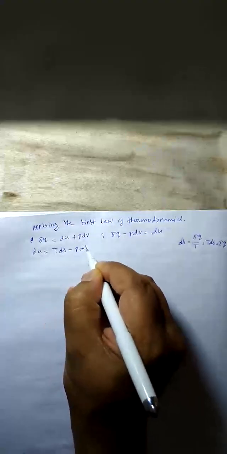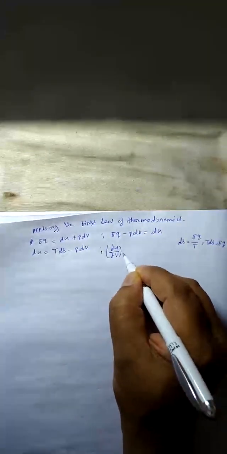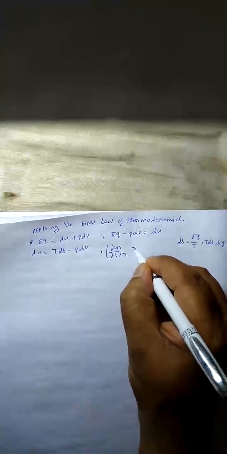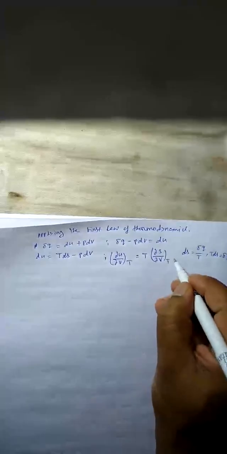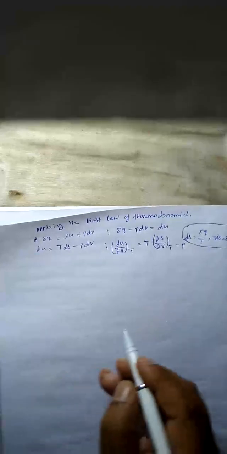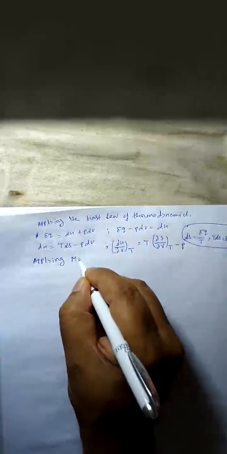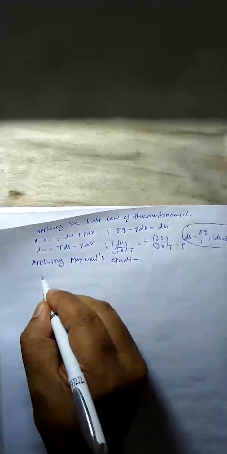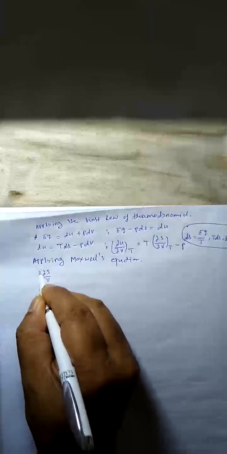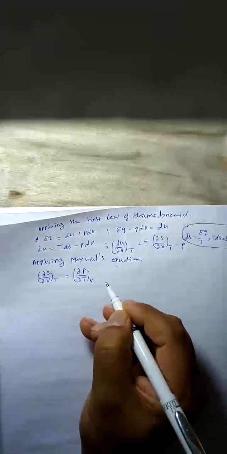T dS minus P dV. Then we find (∂U/∂V) at constant temperature, differentiating with V keeping temperature constant: T (∂S/∂V) at constant temperature minus P. Applying Maxwell's equation, we know that (∂S/∂V) at constant temperature is equal to (∂P/∂T) at constant V. This is the Maxwell's equation.